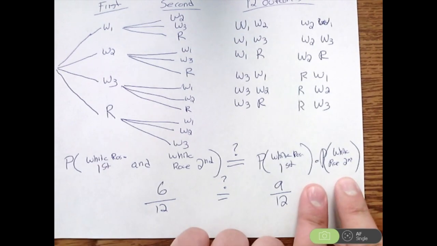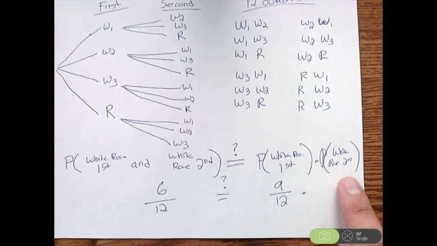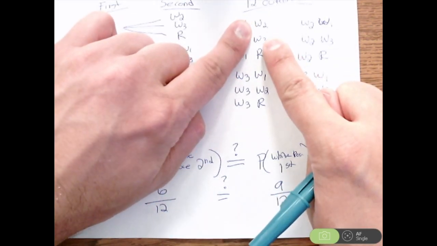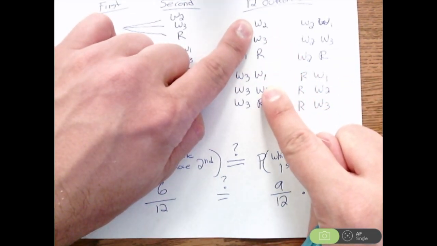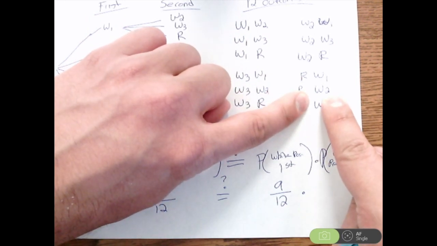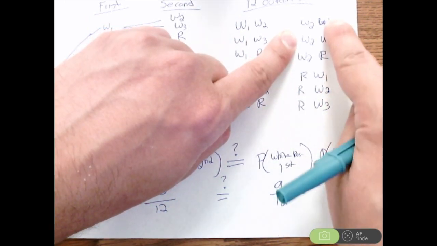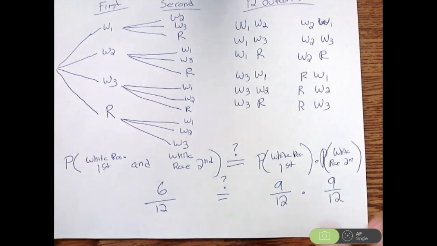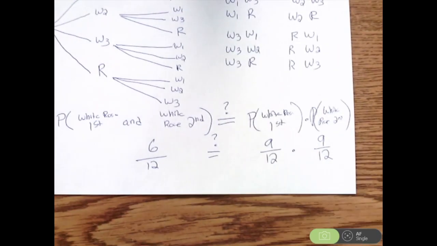And then a white rose second. Looking at the second slot, count how many times I have a W: 1, 2, 3, 4, 5, 6, 7, 8, 9. So 9 out of 12 there as well. What I want to do is multiply those together. Because it's hard to compare fractions, let's get the decimal version.